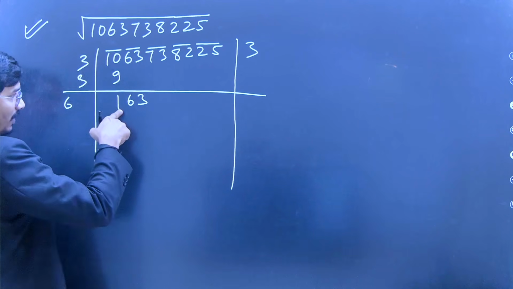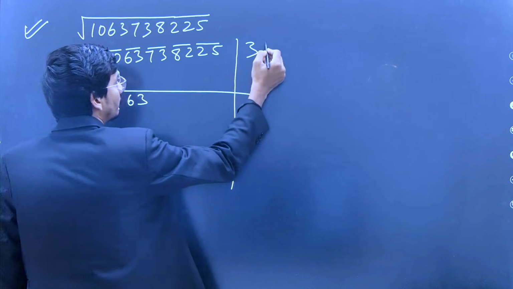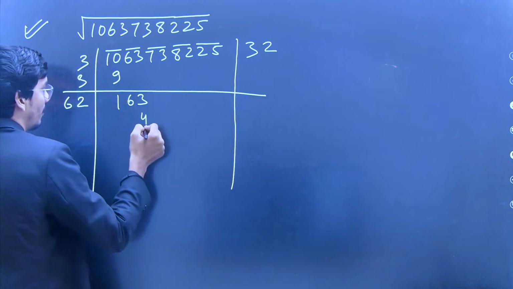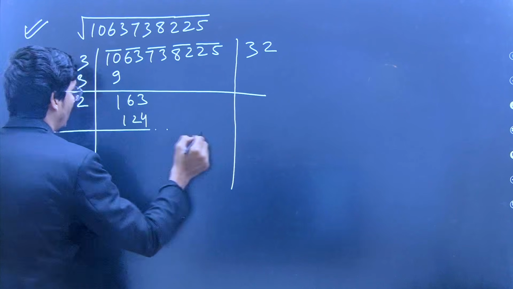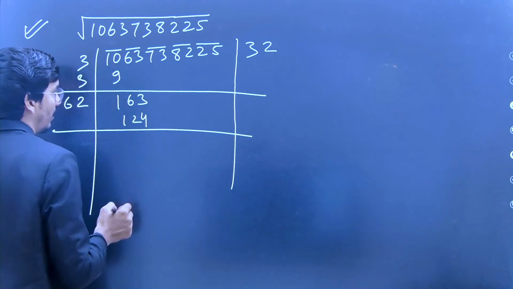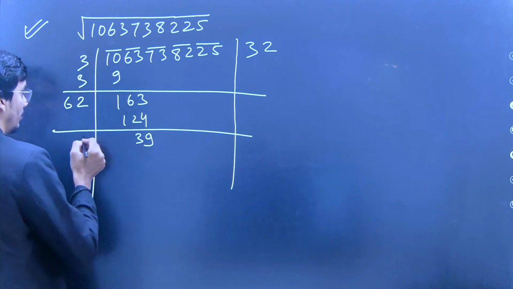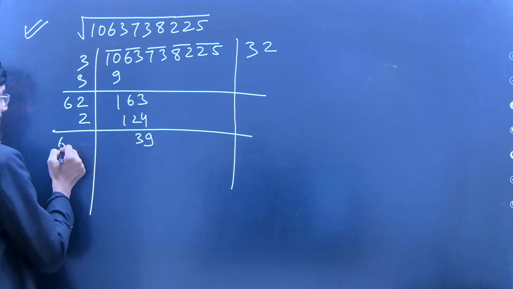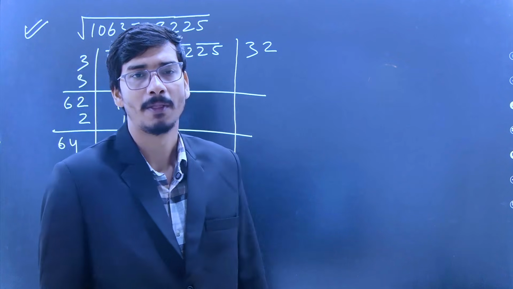So we will get a number less than 160, it's 2, 2 2s are 4 and 6 into 2, 12. Subtract it, and we'll get what? 9 3 0. Now add this number, 64.